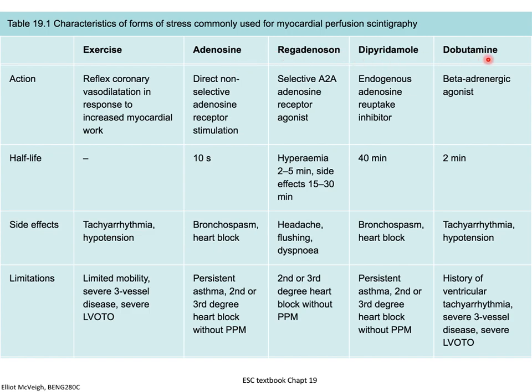And then there's a set of drugs you can inject into the patient. Okay, here's 4 of them. There's more than 4, but all of these drugs will change the function of the heart such that it puts a stress on the heart to try and uncover myocardial ischemia.